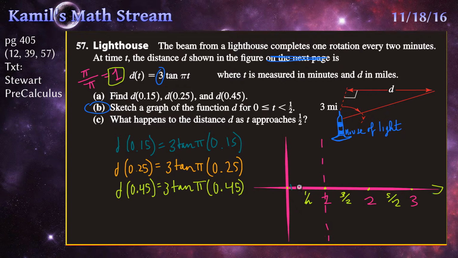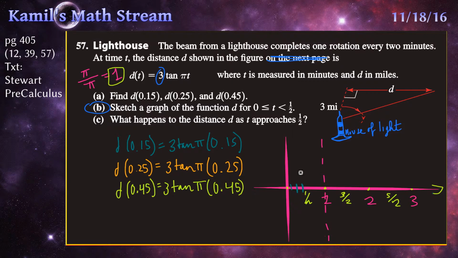The other one is 2.5, so somewhere around here. The other one is 4.5. If this is 1/2, then it should be right there, very close to it. It's basically 9/20ths, which is close to 10/20ths, which is a half.